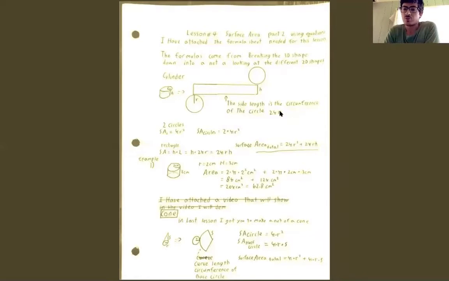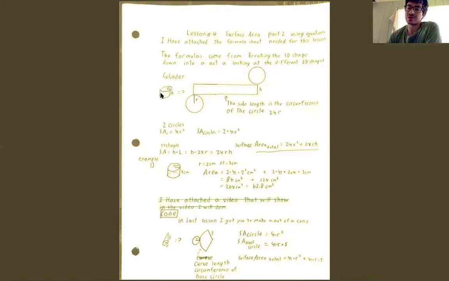All right, so the formulas you have on your formula sheet, they break them down into the different shapes that your 3D object makes when you break it down into a net. So if you remember, a net is going to be this shape here, where we take a cylinder, we break it down into its 2-dimensional parts. So for a cylinder, we're left with one rectangle, where the side length is going to be the circumference of the top and bottom circle.